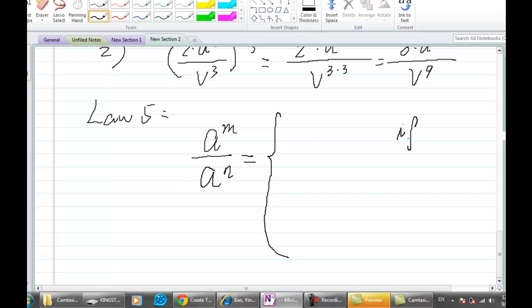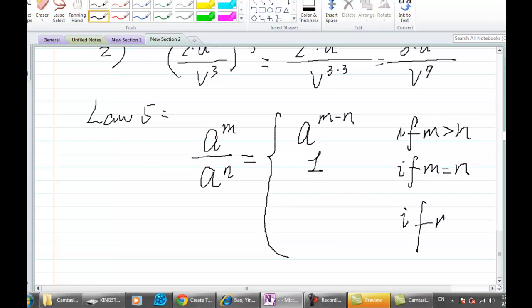First one is if m is larger than n, then we can get a to the product m minus n power. And what if m equals n? Then the result is just one, a single one, an integer. And the last one is if n is larger than m, then the result is 1 over a to the product n minus m power.